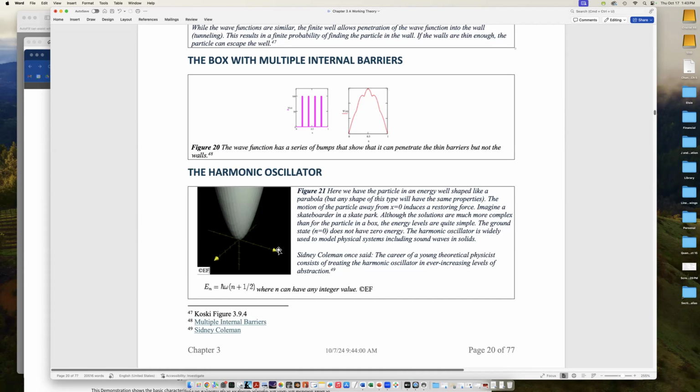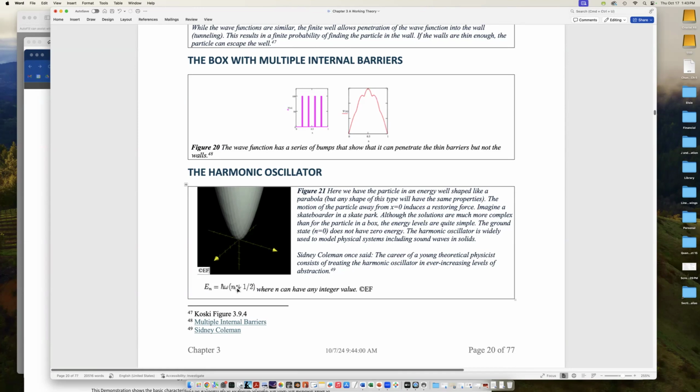This is a two-dimensional depiction of a harmonic oscillator. I already talked about how a harmonic oscillator is something like a pendulum. If you put an electron in a bowl-shaped system like this, it will take on certain energy levels. And this one's very interesting. Here are the energy levels. We don't have to worry about that.